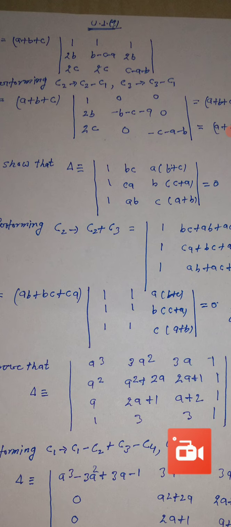Now we perform C2 as C2 plus C3. We get the determinant: first row 1, bc plus ab plus ac, a(b plus c); second row 1, ca plus bc plus ab, b(c plus a); third row 1, ab plus ac plus bc, c(a plus b).